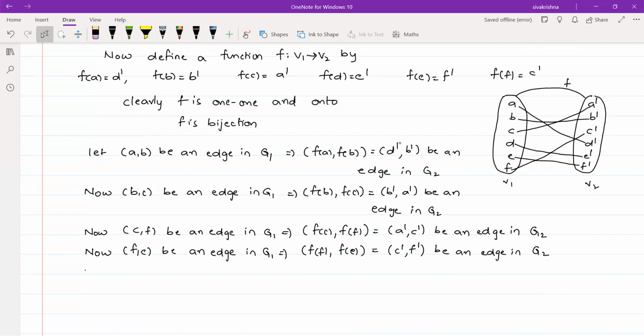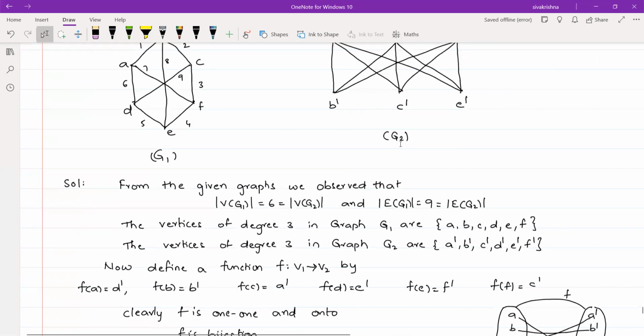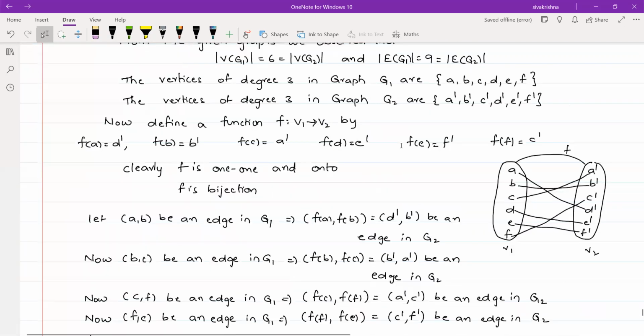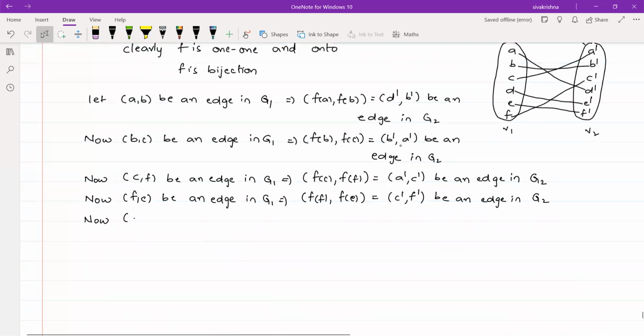Once again, we have to select an edge in graph 1. After F comma E, we have to select E comma D. Yes, E comma D is an edge in graph 1. This implies f of E comma f of D must be an edge in graph 2.